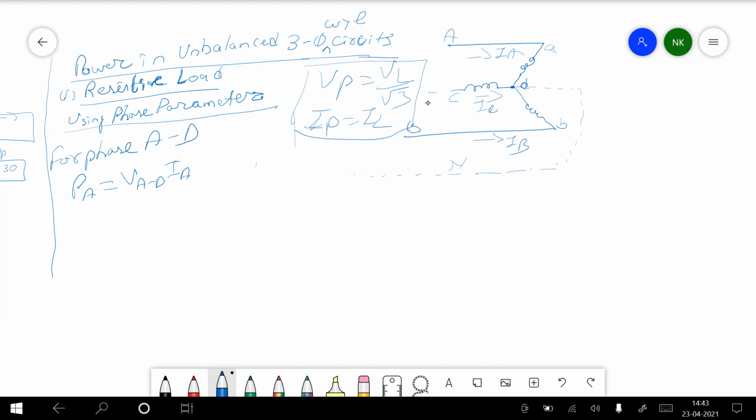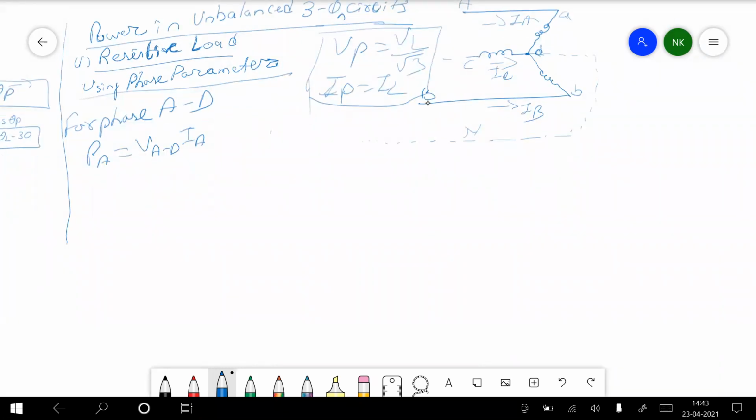Now, PA is VAD and IA, let it be IA or IL. I'm just taking this conductor line, so it will be IA only. Next is cos of the phase angle of AD. Similarly for phase B, BD and CD.